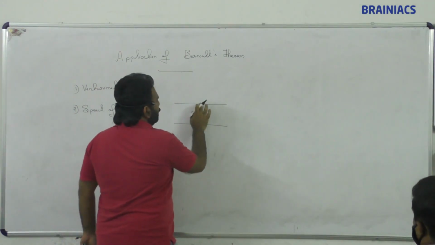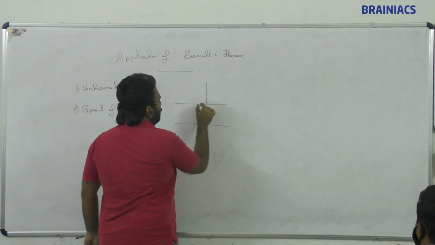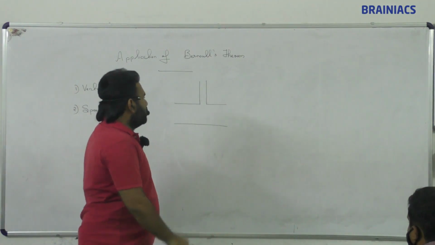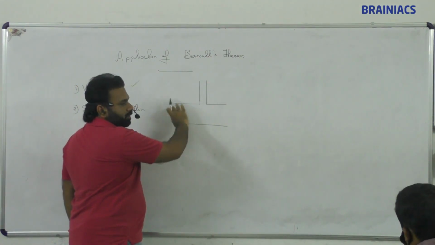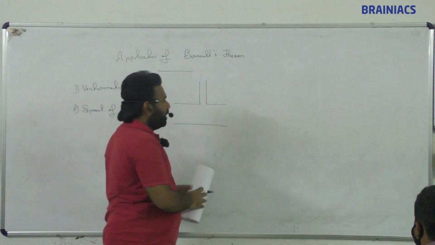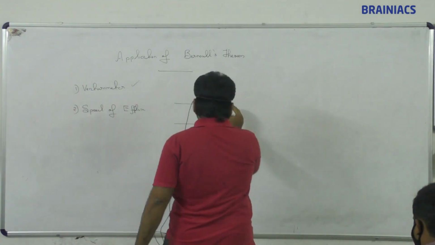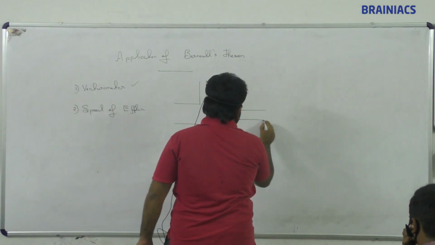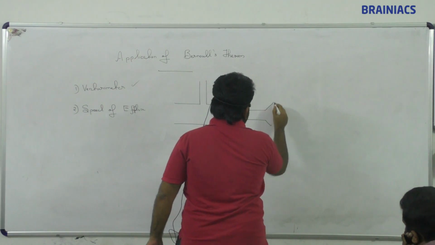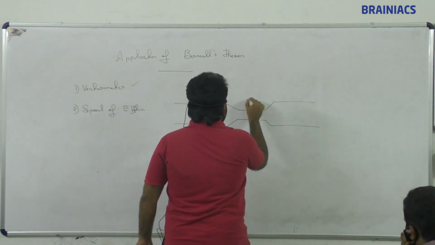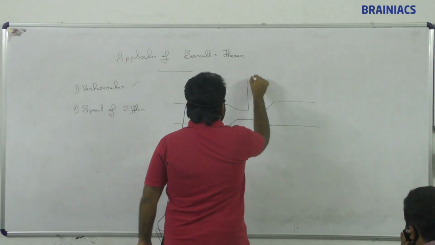One side it will have just like this one tube. Here the volume or area of cross section will be different. After that this will be changed and we'll have it like this. Again it will come like this, and here again we will have another tube.